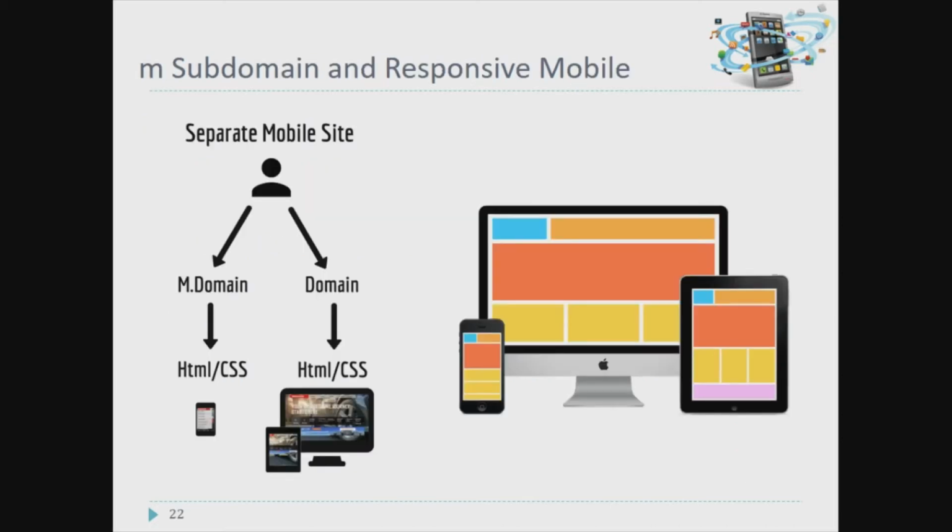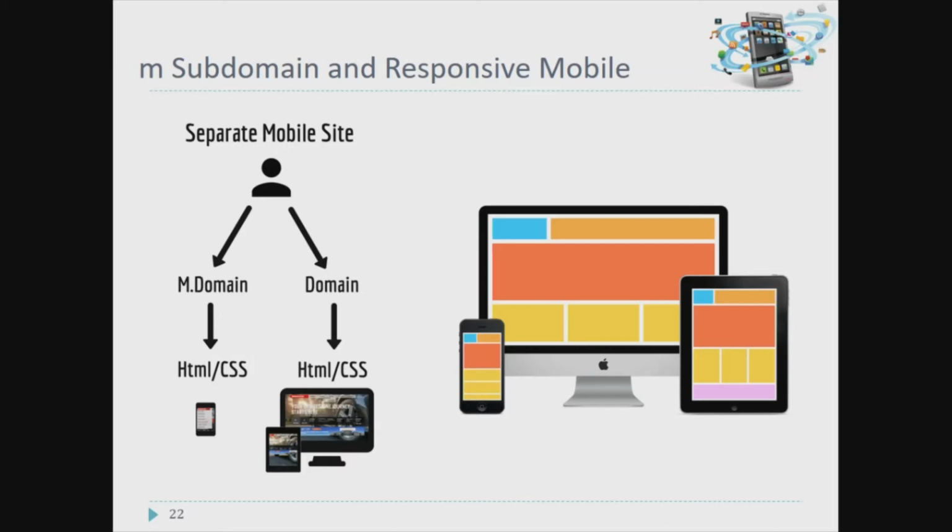The next part is the m subdomain and the responsive mobile. Using the m subdomain, we need to create a separate mobile site. We have the site for desktop and we need to create another one specific for mobile.